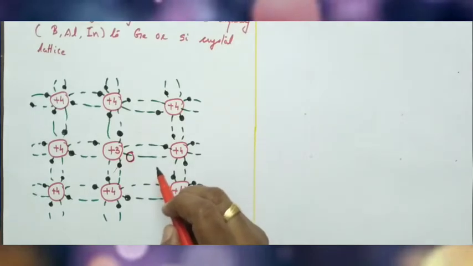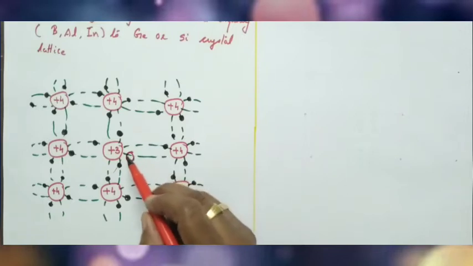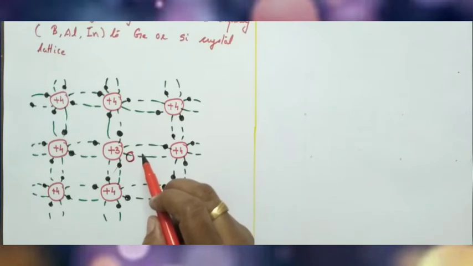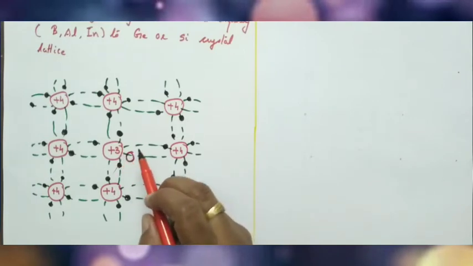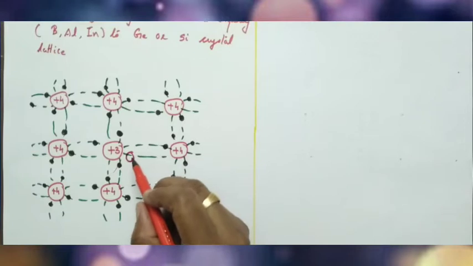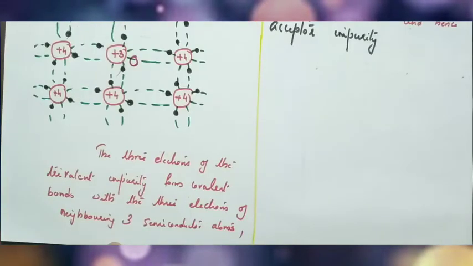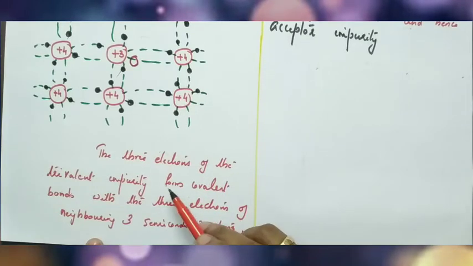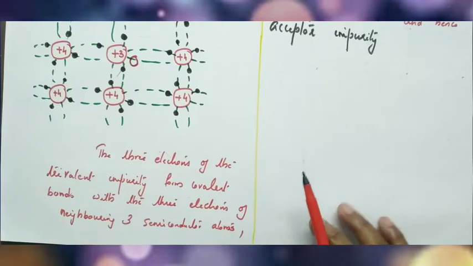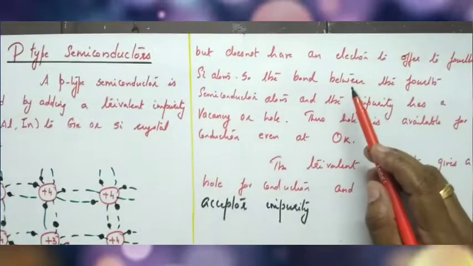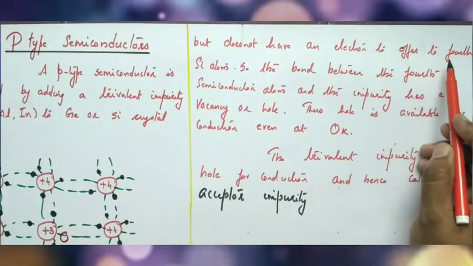So even at 0 Kelvin, or absolute zero, there is a hole for conduction. This is the hole given by the trivalent impurity. Thus the 3 electrons of the trivalent impurity form covalent bonds with the neighboring 3 semiconductor atoms, but it does not have an electron to offer to the fourth silicon atom.